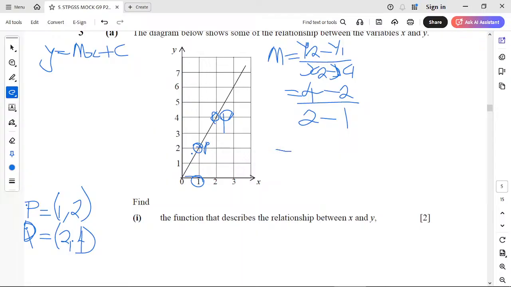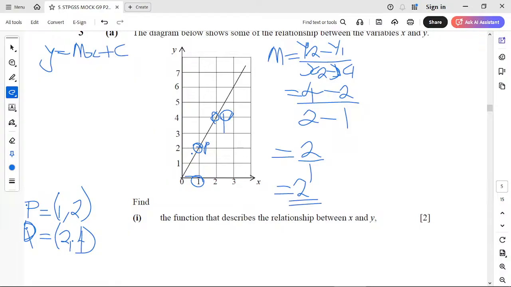Then we can evaluate that: 4 minus 2 gives us 2, and 2 minus 1 gives us 1. So we have the fraction 2 over 1, and 2 divided by 1 gives us 2. So the gradient is 2.